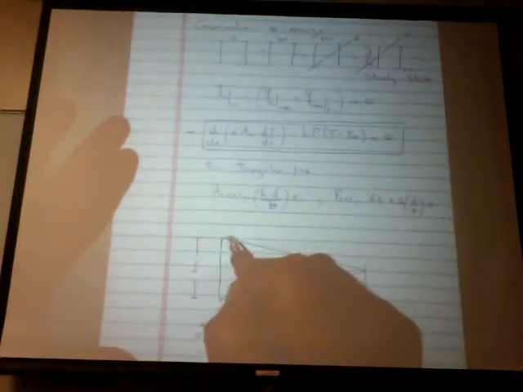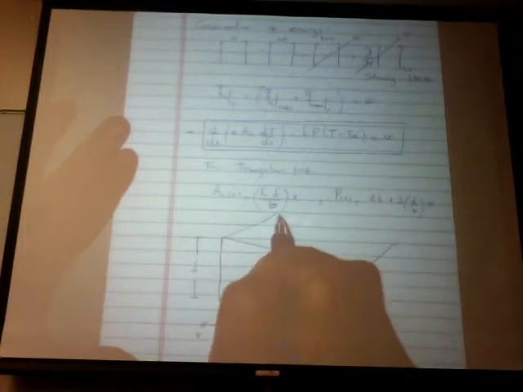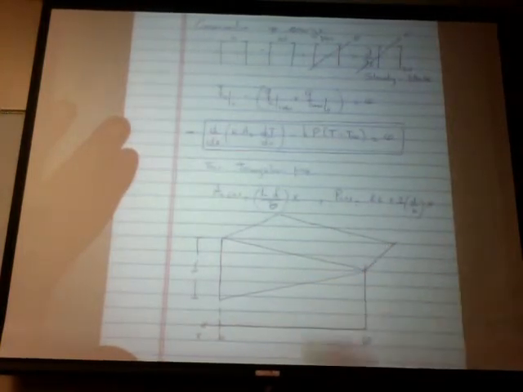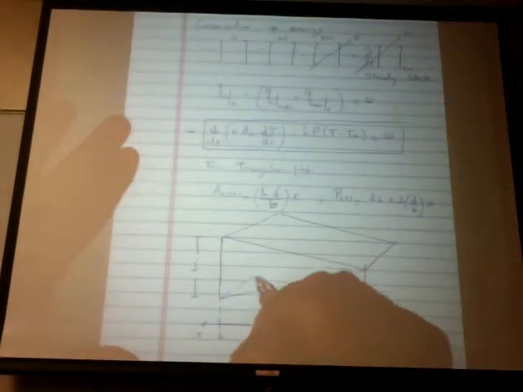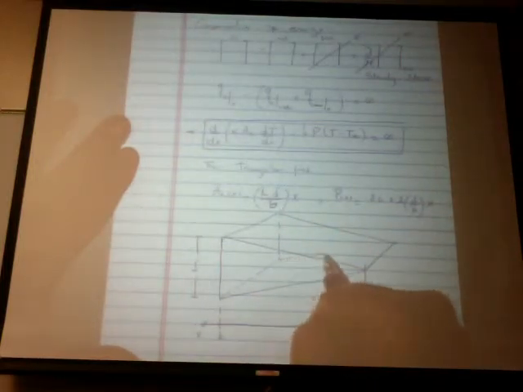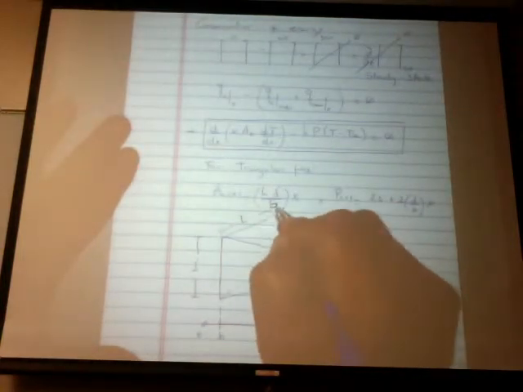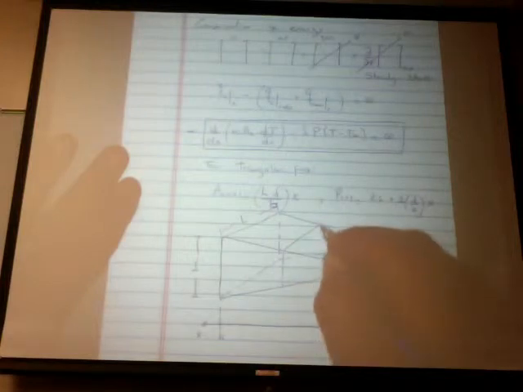Let's say that this is the width, and the distance from here to here is L. And the perimeter, remember, is the sum of these four sides.